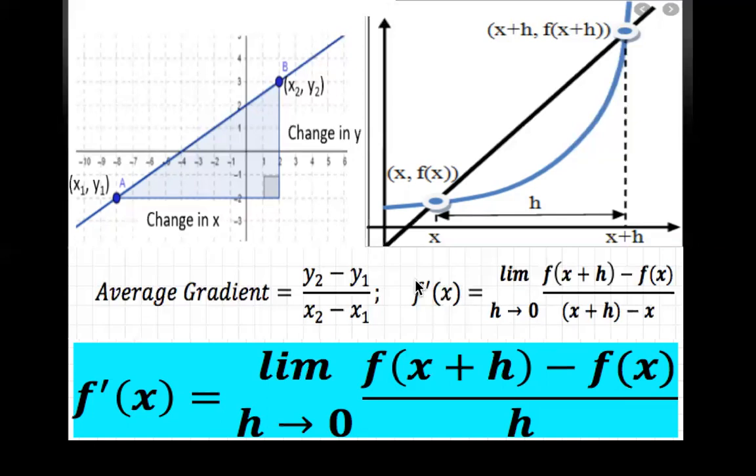Now we have the first derivative here, or f prime of x. So f prime of x is telling us we are finding the derivative, not of a straight line, but of a curve.